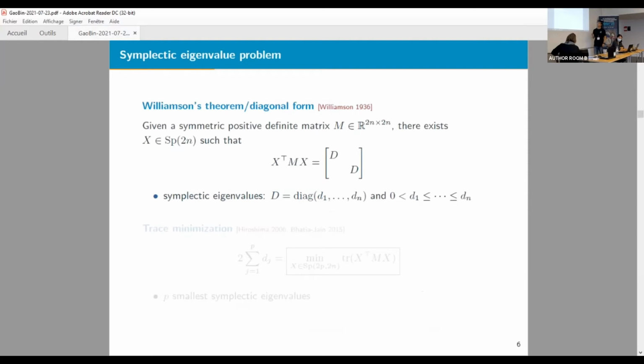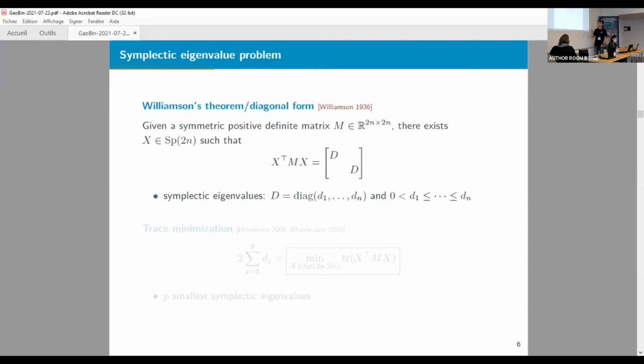Another important application is in numerical linear algebra. Consider the Williamson theorem, which says that for a symmetric positive definite matrix, there is a decomposition like this, where X is a symplectic matrix and D is a diagonal matrix.